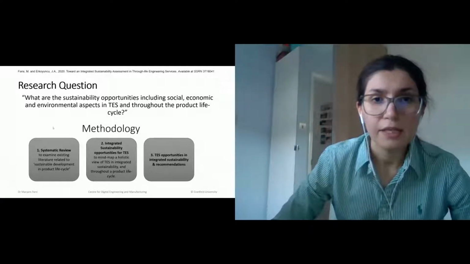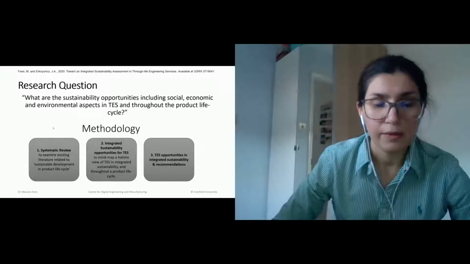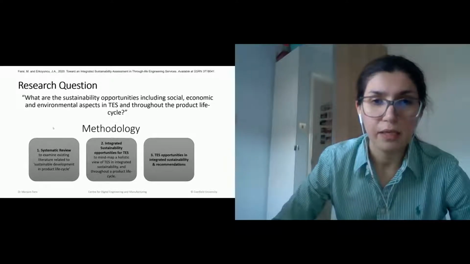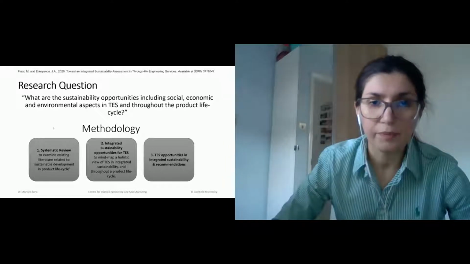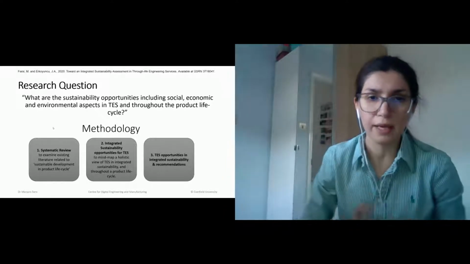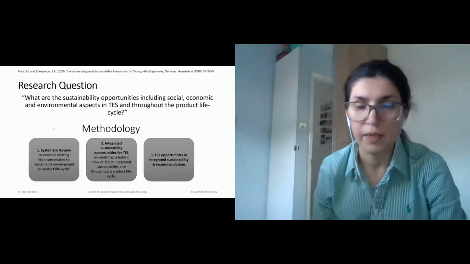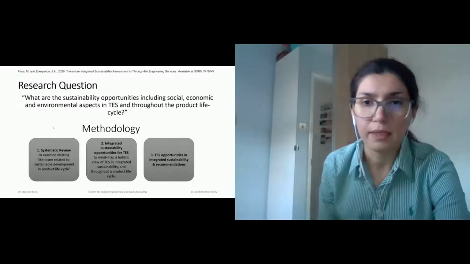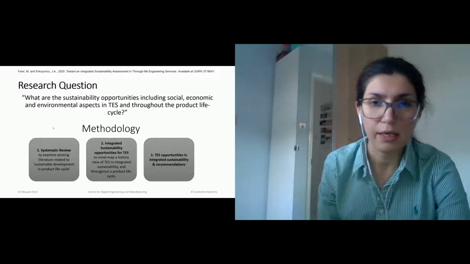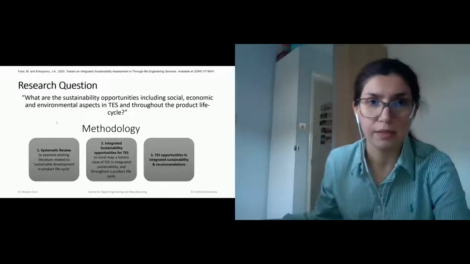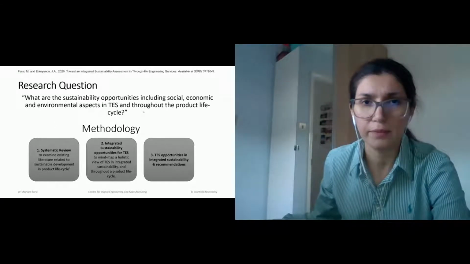At the second stage, based on the findings from the literature, we create a mind map that presents a holistic view of TES in integrated sustainability throughout the product lifecycle. And finally, we come up with the TES opportunities in ISA, and also a set of recommendations for further research and studies in this field.